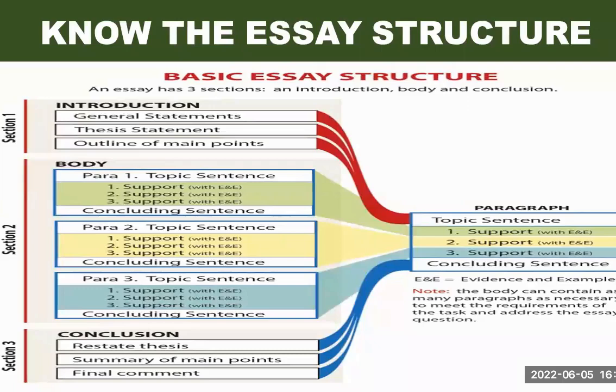For example, if you are writing about road accidents, some people may want to talk about the causes of road accidents. Someone may decide to talk about the consequences, the problems that road accidents create. Some people might devote their essays just to talk about how to solve the problem. So someone may want to talk about the causes and the solution.